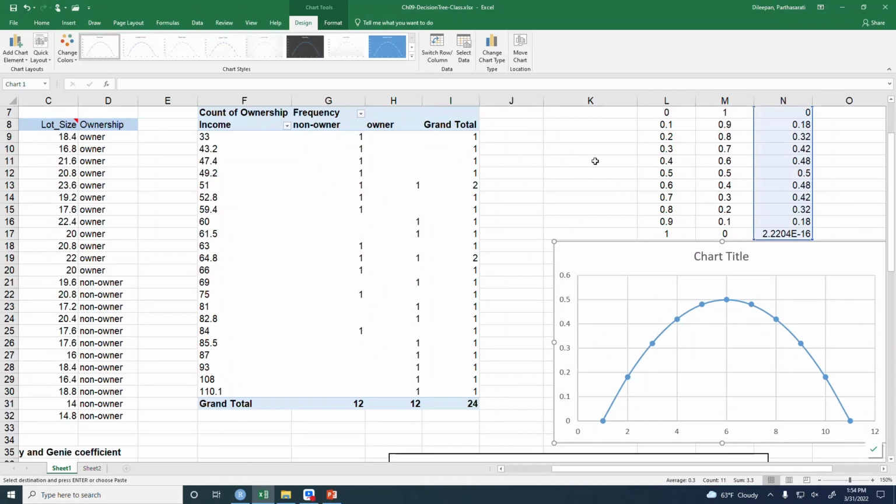If the node is completely pure, that is either all of it is 1 or all of it is 0, Gini index will be 0. That's why you see 0 here and 0 on the other side. As the impurity increases, as you have a mix of zeros and ones, the Gini index goes up, and it is maximum when there is an equal number of zeros and ones. That's the maximum impurity.